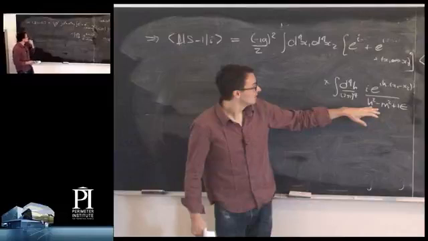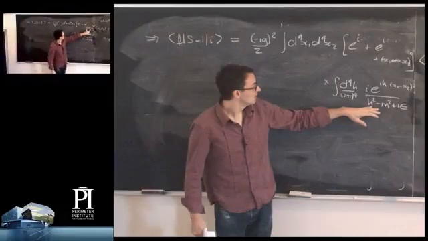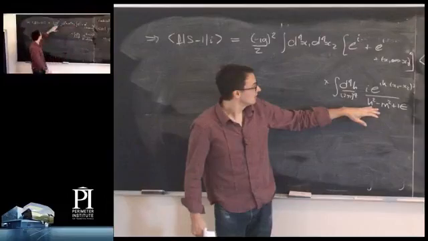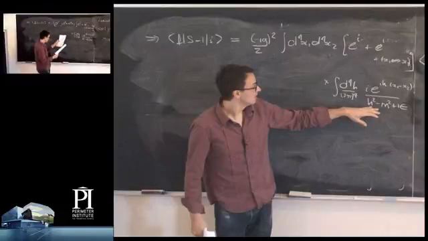Okay, so you can now convince yourself that the terms with x1 and x2 exchanged are actually exactly the same as these two terms under the integral, because x1 and x2 are on the same footing. So that's going to cancel this factor of a half. Then we do the x1 integral to get a delta function.